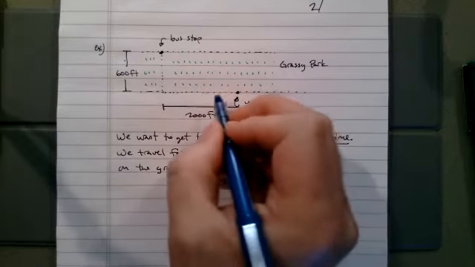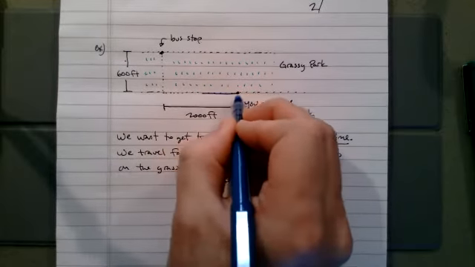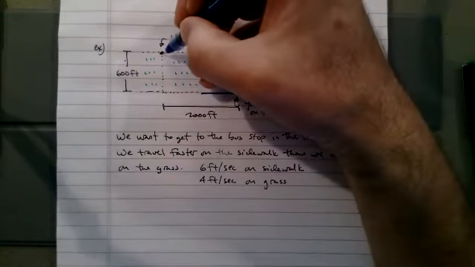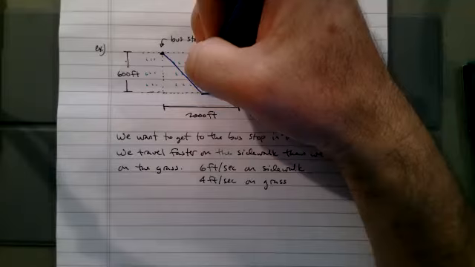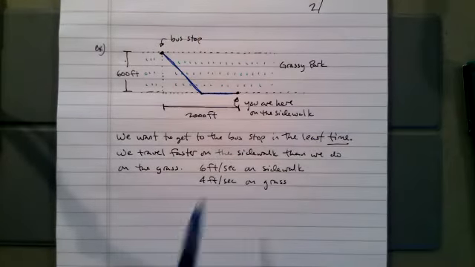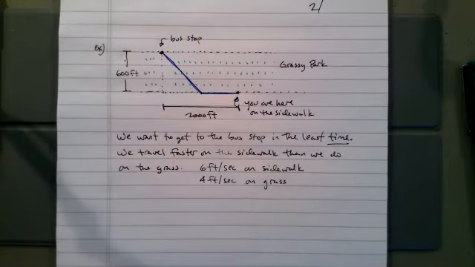So our path will look something like this. We'll walk along the sidewalk because it's faster, and then maybe we'll cut up to the bus stop. Now, a good idea at this point might be to ask, what if we just went straight across the grass?